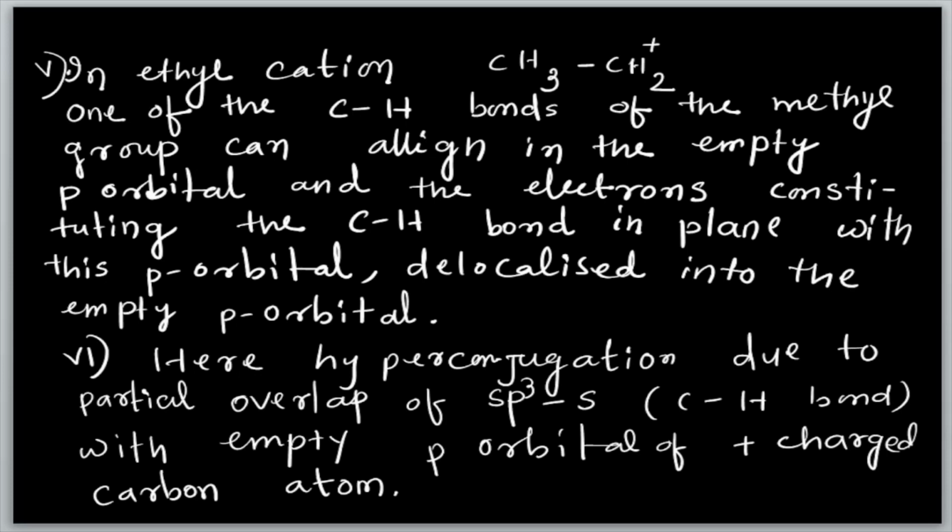In the ethyl cation, one of the C-H bonds of the methyl group can align with the empty p orbital.